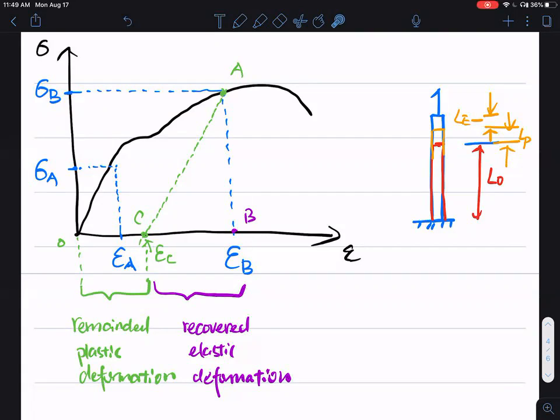And it is important to know the steps to find out the recovery. Once you release the load, how much change of length remains in the material. Next Wednesday, we're going to do an example on this. I'm going to show you the step-by-step process of how to do this type of problem. But that's all for today.